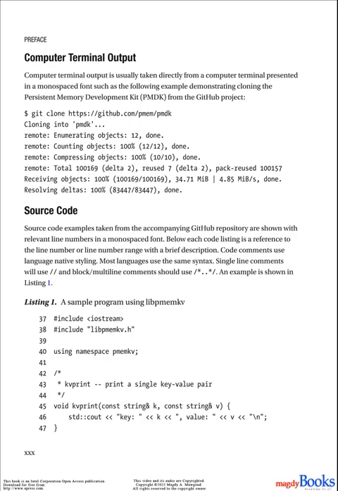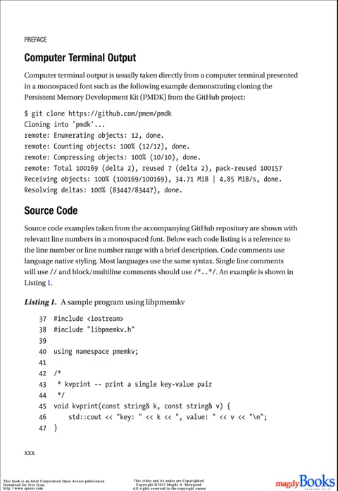Receiving objects: 100% (100169/100169), 34.71 MiB, 4.85 MiB/s, done. Resolving deltas: 100% (83447/83447), done.